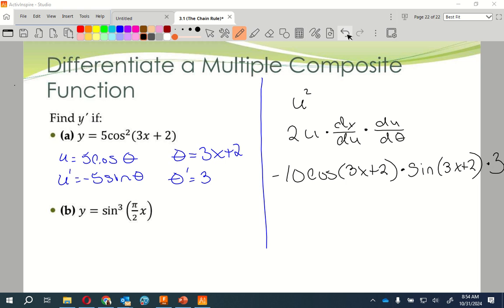And just so you know, I did put, here, I'll rewrite it where I put it. So there was 2 times my cosine, my u, cosine of theta times my negative 5 sine theta times my d theta, 3.